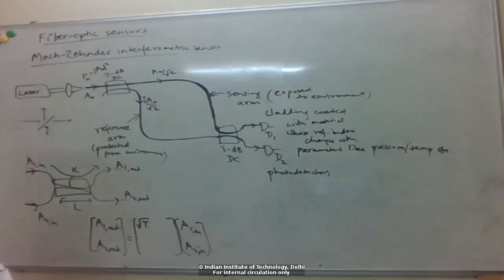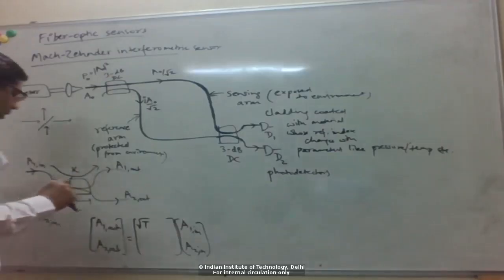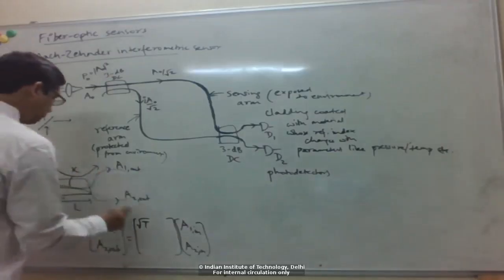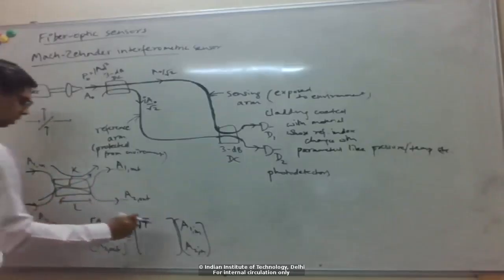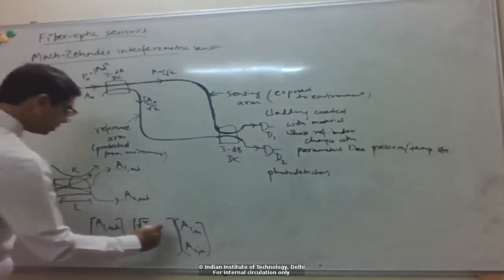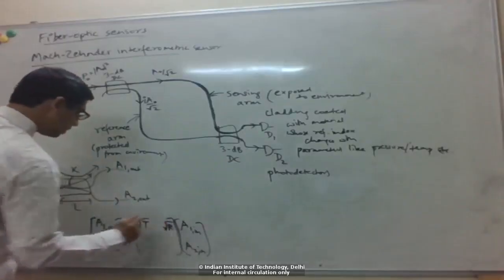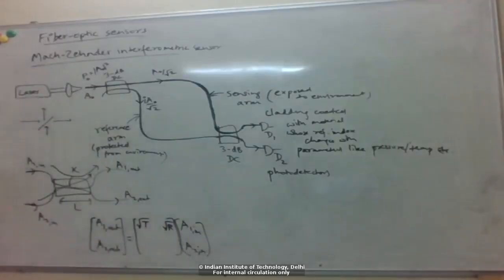So recall, cosine squared kappa L will give me the transmission coefficient, sine squared kappa L will give me how much power is coupled to the other port, right? So this has the fraction which is transmitted from here, and then there is a fraction which couples from the other port to here, right? So let's call that a reflection coefficient, right?